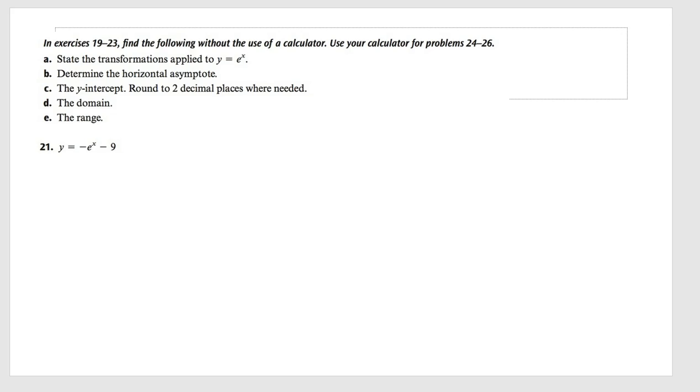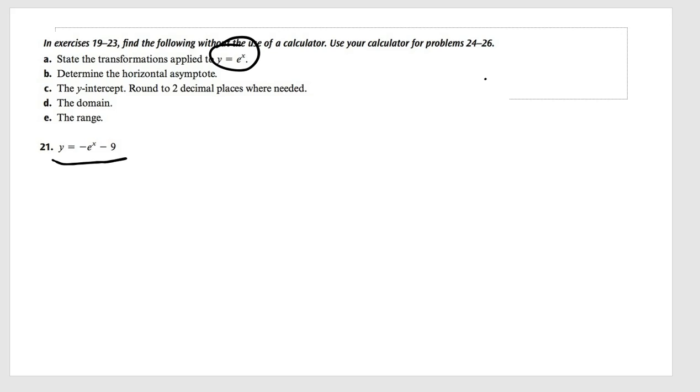So, state the transformation applied to the basic function. Okay, here our basic function is an e. If it's confusing, you think to yourself, that's the same thing as like a 2 base. Okay, so our problem says y is equal to negative e to the x minus 9.